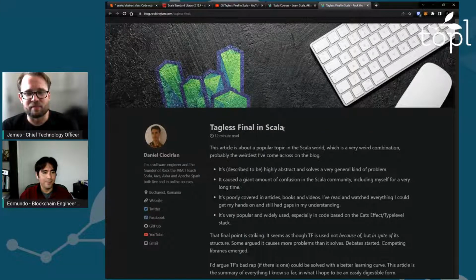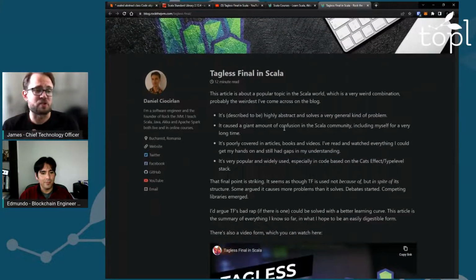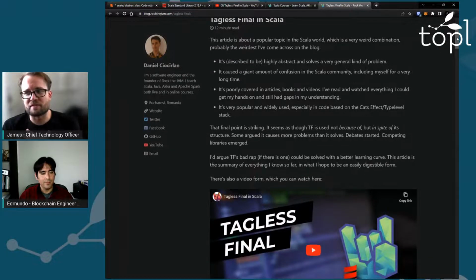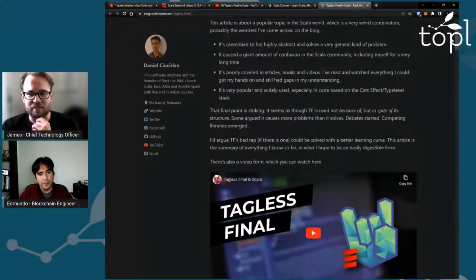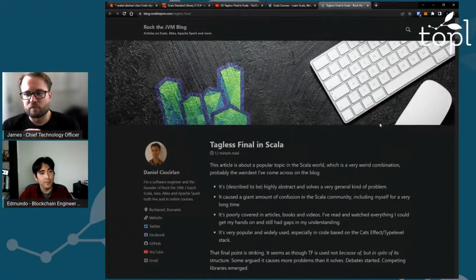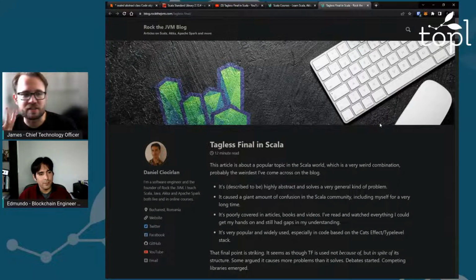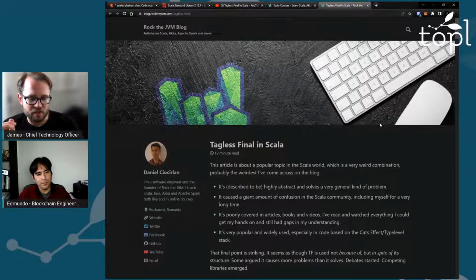Can you describe for us, maybe for everyone, a more general definition of what a DSL is, and why we talk about DSLs in the context of blockchains?